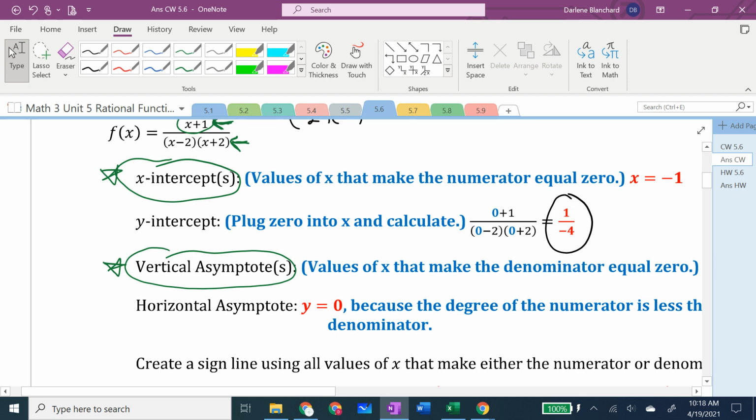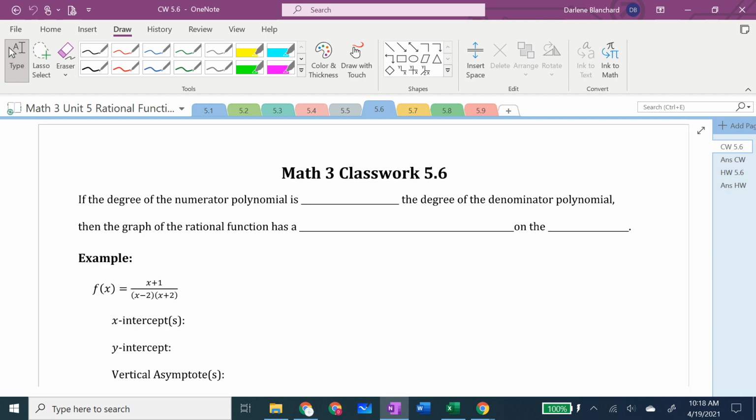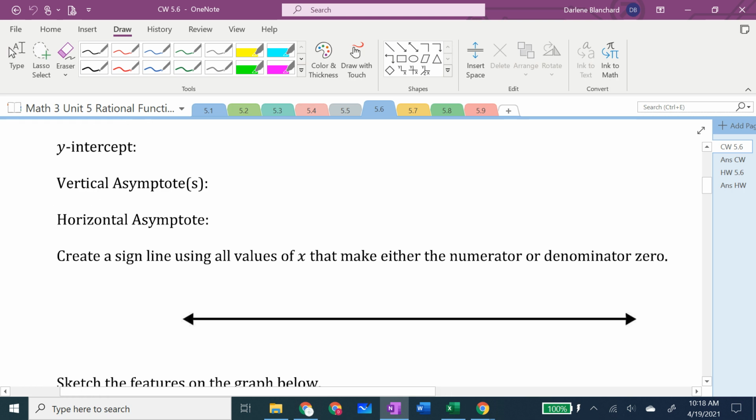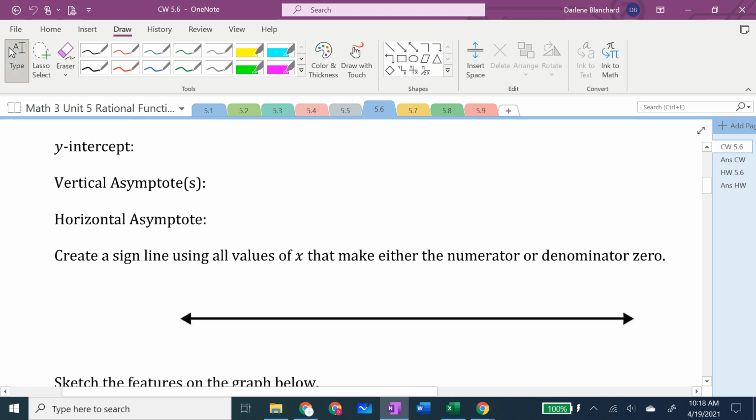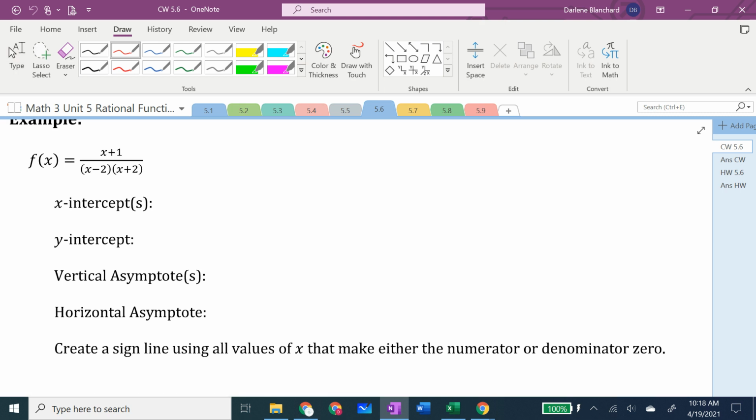Now, the next thing I'm going to talk to you about is creating a sign line with the information. And this is going to make sense after I go through an example with you, so I'm just going to walk you through it and then talk about what we did. So we found that the numerator was 0 when x was -1. The vertical asymptotes are where the denominator is 0, 2, and -2.